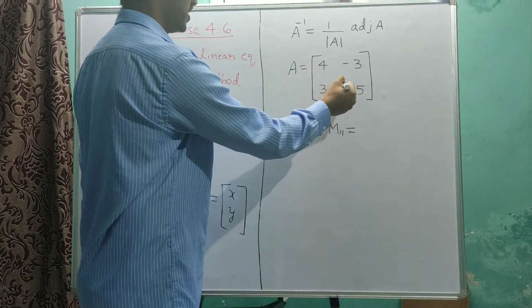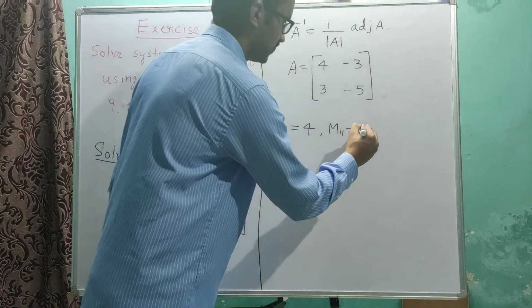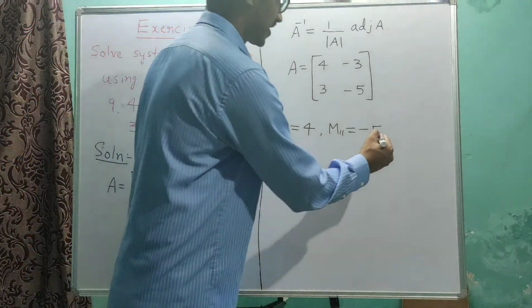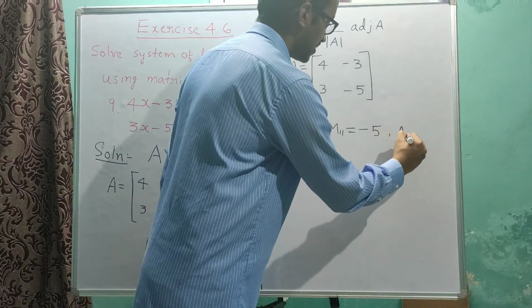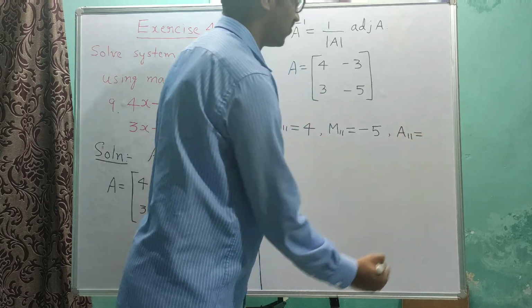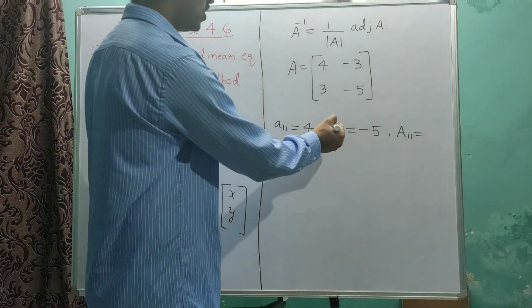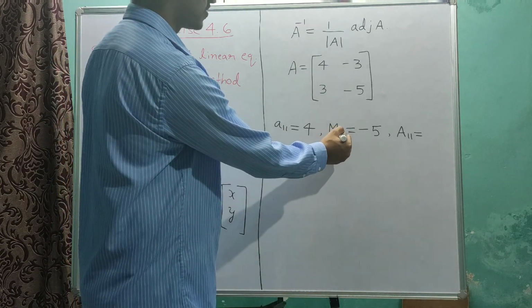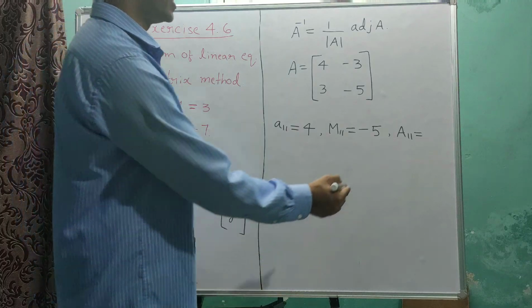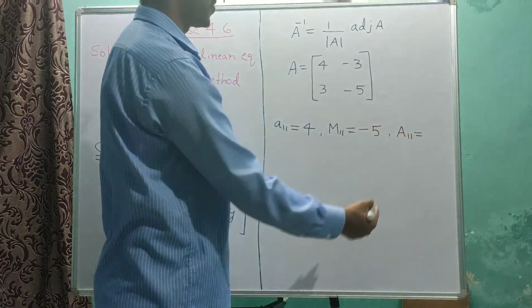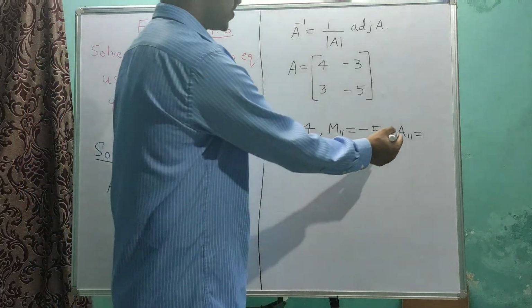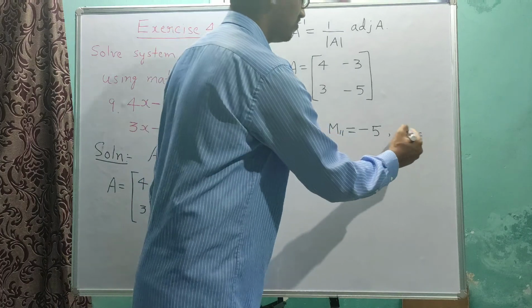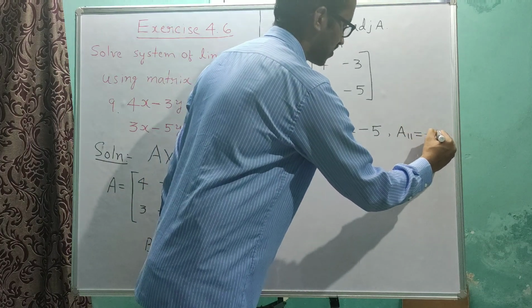Here for 4, the minor is minus 5, and its cofactor is denoted by capital A11. The sum of the suffixes, 1 plus 1, is 2, which is even, so minor and cofactor will be the same. So A11 value becomes minus 5.